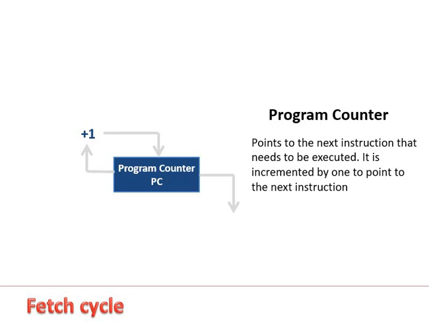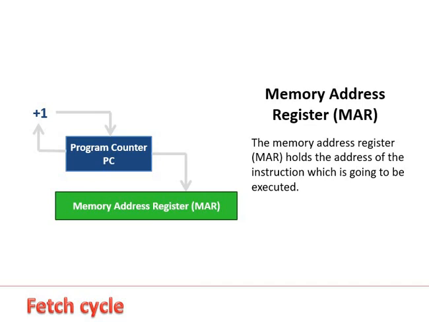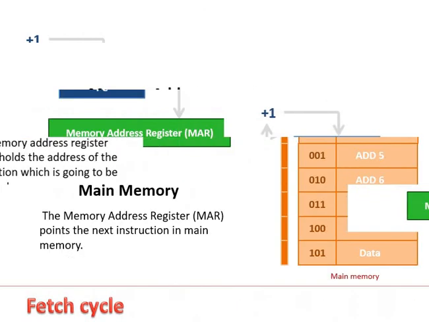Now the memory address register holds the address of the instruction which is going to be executed. So the program counter copies its address to the memory address register.